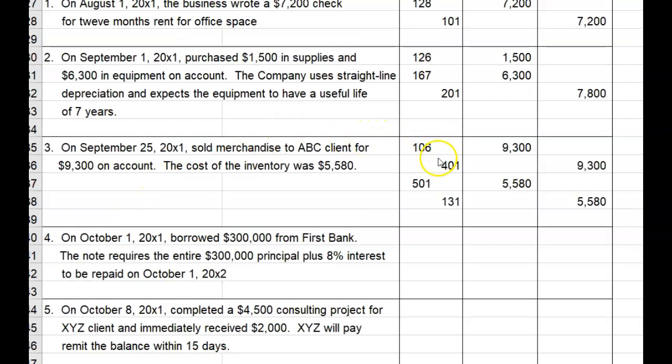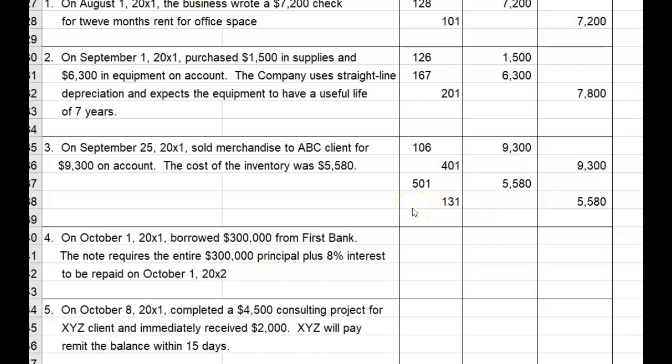And here are the two journal entries. To record the sale, we sold it to our client on account, so we didn't get any cash. Instead, we have accounts receivable. Debit account 106, $9,300. Credit sales, for account 401, $9,300.